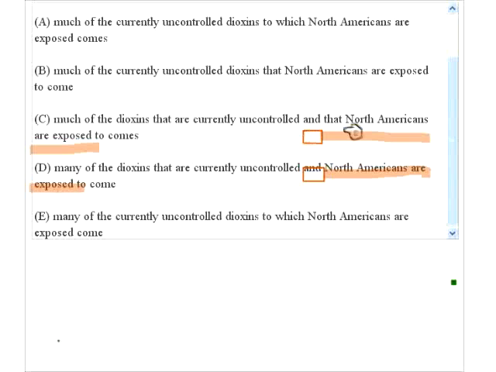Now in C, the parallelism is all right, because this is a "that" clause, and this is another "that" clause. And they both modify dioxins. So, let's mark it, this is a "that" clause modifying dioxins. And this is a "that" clause modifying dioxins. So that makes sense.